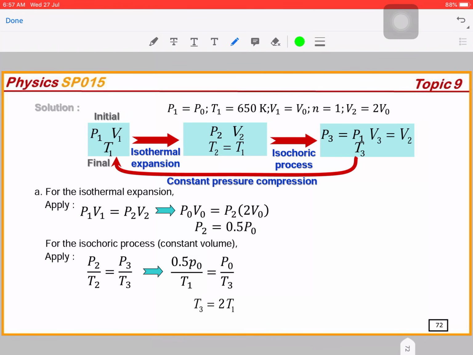Okay, so solution. We have pressure, volume, and temperature. Initially, they say that the temperature is constant, so it is an isothermal expansion. Next it is an isochoric process, where the volume is constant.